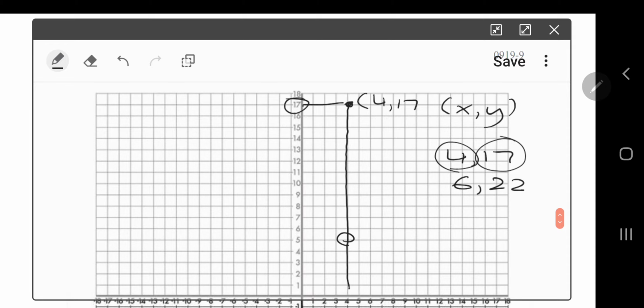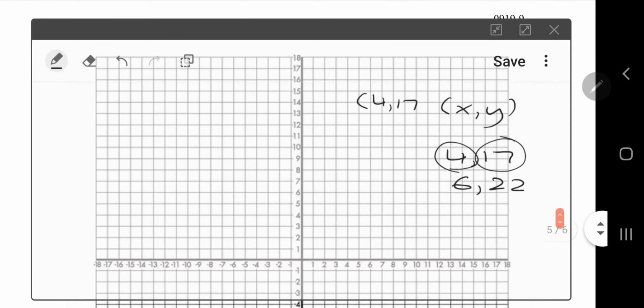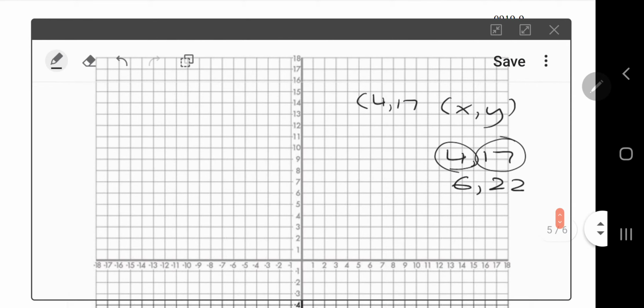Okay, now let's do another example. So we have 6, 22. So keep in mind, this graph actually isn't big enough, but I'll just do it for you guys anyway. So we have 6, 22. So remember the x is 6, so we go to the 6 over here.